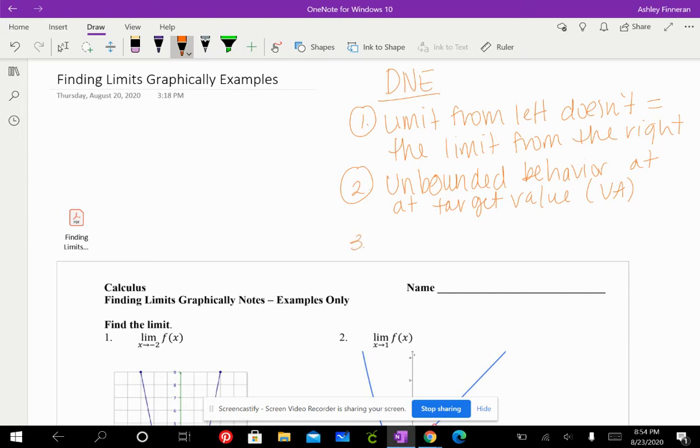And then finally, a limit does not exist when there's oscillating behavior at the target value.